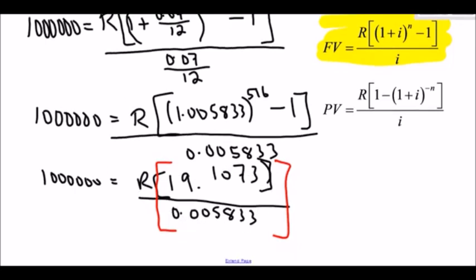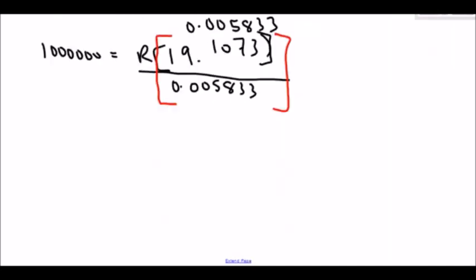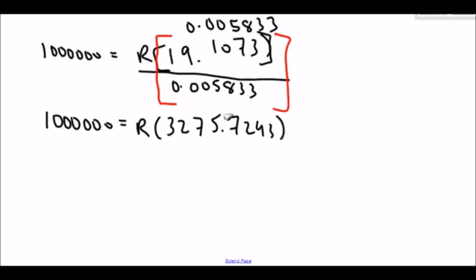So I'll do those two little pieces of math. 19.1073 divided by 0.005833 gives me, so here we go, $1 million equals R times 3275.7243. So to solve for R, all I have to do is divide by this number.